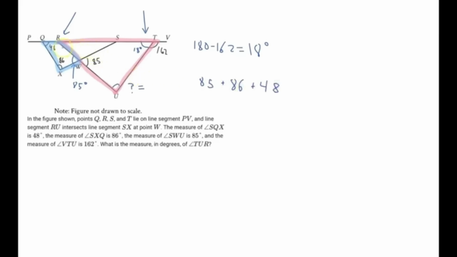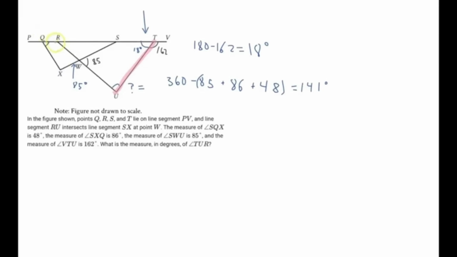And so now if you want to find this angle in the corner right here, angle QRW, we just have to subtract 360 minus all those other angles. And so that gets us 141 degrees. Now, what does that really help us find? Well, first off, it's getting a little messy over here, so I'm just going to erase a bunch of this.